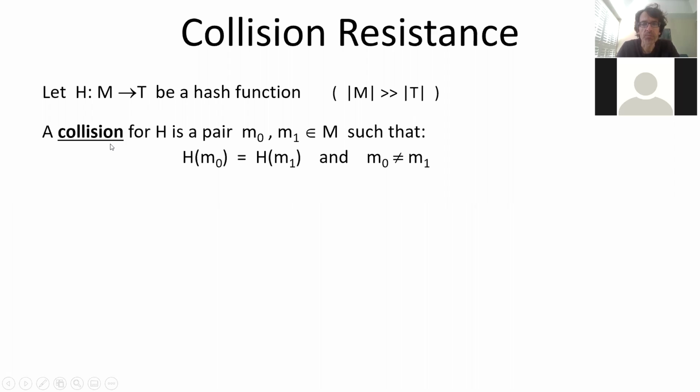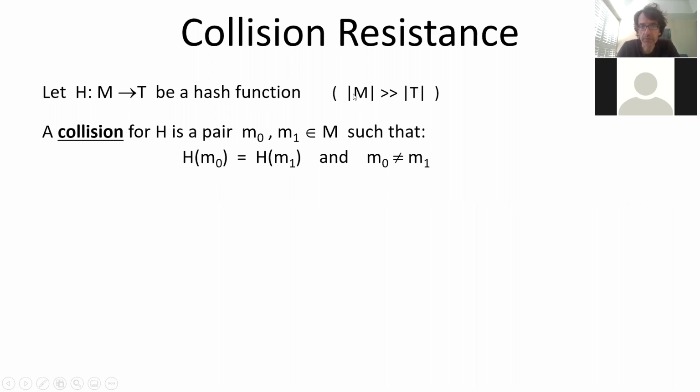A function is a deterministic function. Whenever you have a function from a domain that is larger than the codomain, it must have collisions. A collision is a pair of preimages which are different, but the function maps them to the same image.